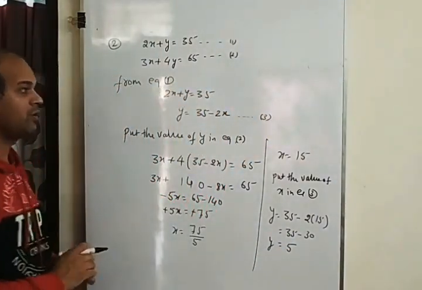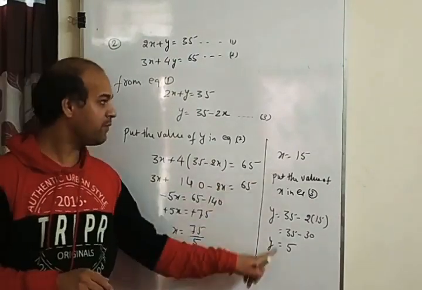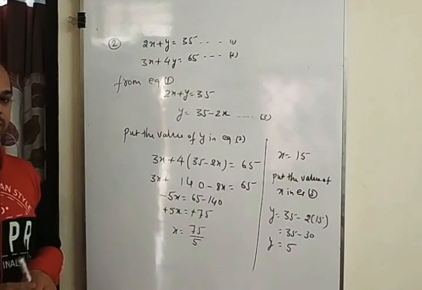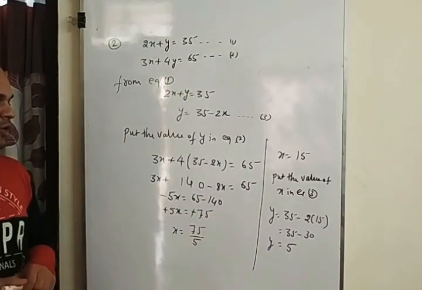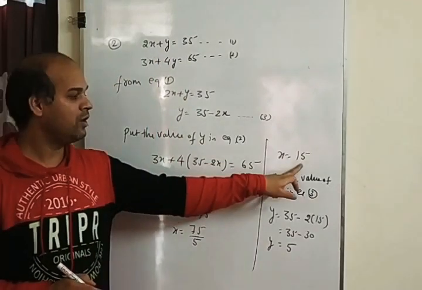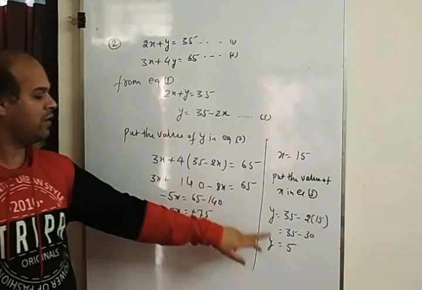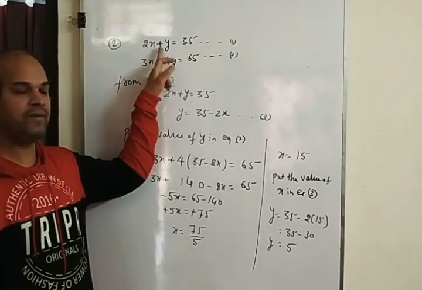If you want to check whether your answer is correct or incorrect, you can check by keeping the values of x and y in any one of the equations. If that satisfies the equation, that means your answer is correct. See here, if we keep the value of x here, 2 into 15 is 30, and the value of y is 5, so 30 plus 5 is 35.